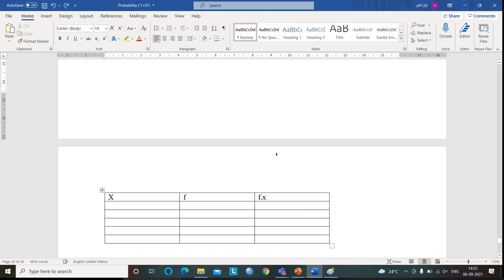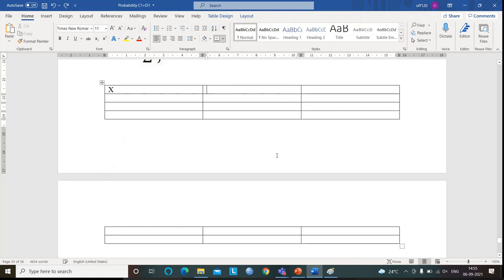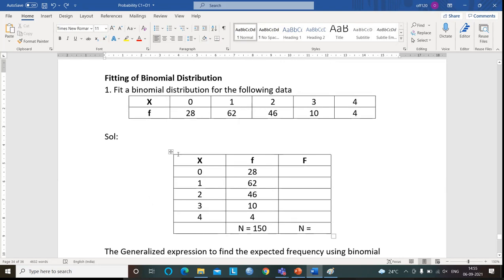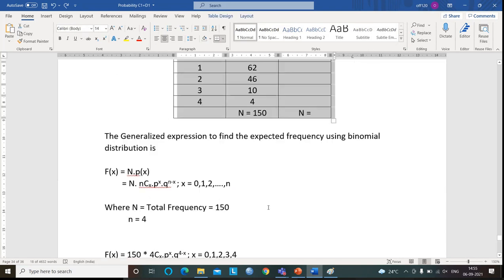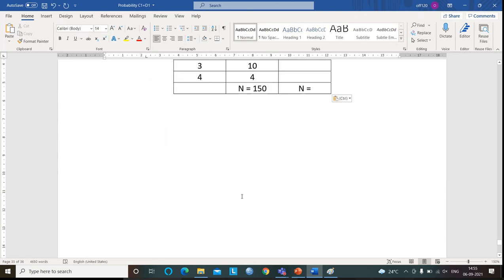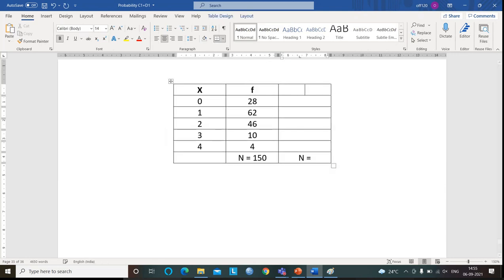Instead of typing all these things, you just copy this table here. Now I'll make this column f into x, and simply find the mean for this distribution.